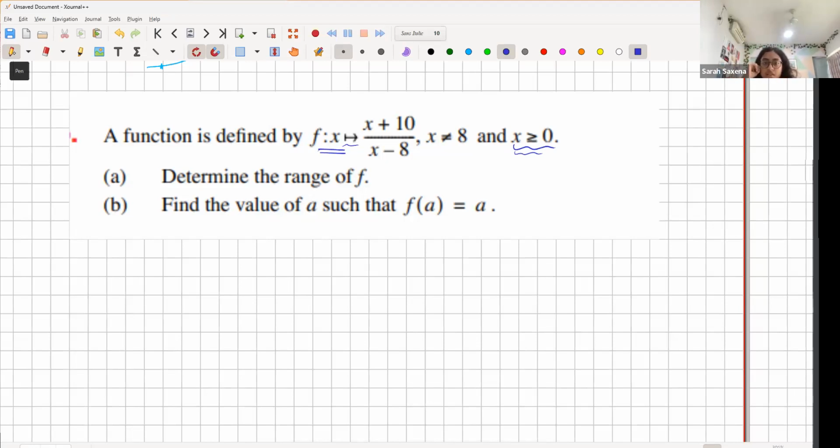So (x plus 10) over (x minus 8), if x is not 8, can be any value. Okay, so when will it be -1, for example? For what value of x will it become -1?